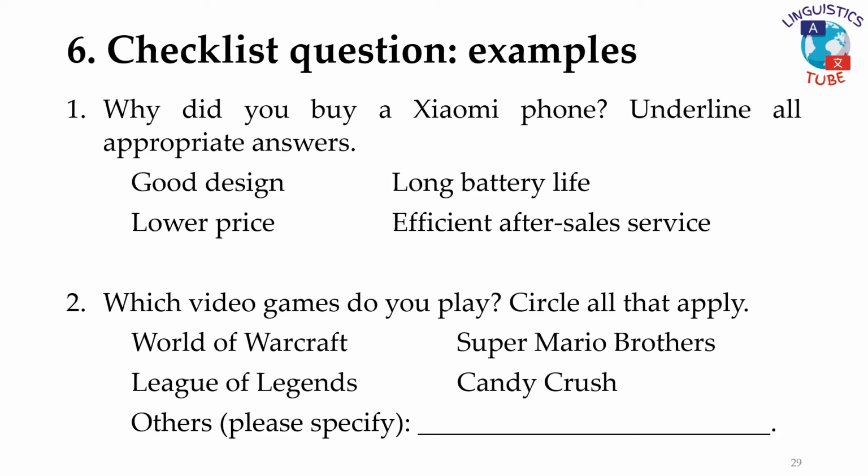World of Warcraft, Super Mario Bros., League of Legends, Candy Crush. Others, please specify. As you can see, you can provide participants with the option to add additional answers if theirs isn't included. Now, please pause the video and create a checklist question for the topic about university canteens.